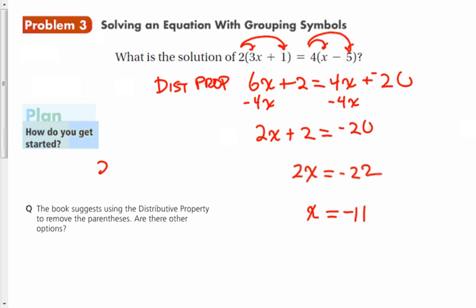Now that one you should probably check, because we're not quite sure that we did it all right, because we did a lot of steps there. So we want to make sure that if we substitute negative 11 in there for x, that they're equal.